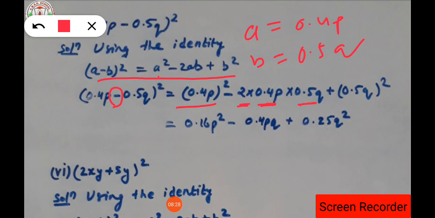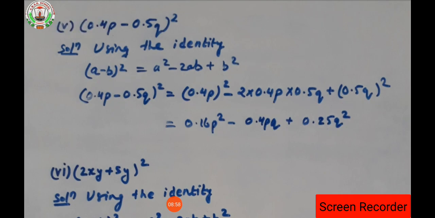So 2 into 0.4p into 0.5q we are going to multiply, plus b square, that means (0.5q) the whole square. So 0.4p will be multiplied twice as the power is 2. So the result will be 0.16p square minus 0.4pq plus 0.25q square. So this will be the answer.